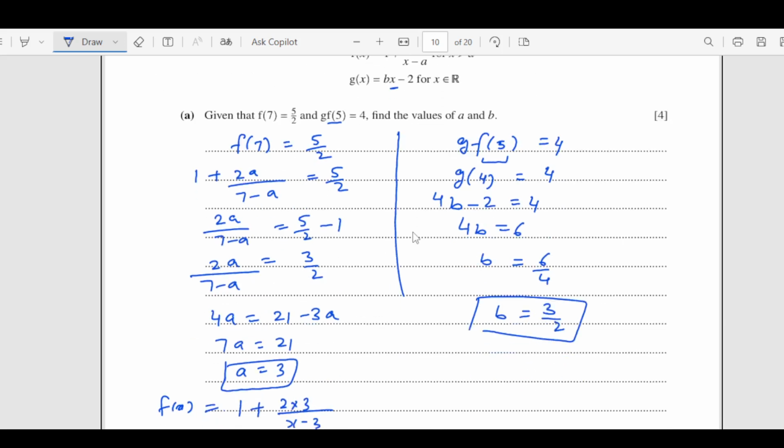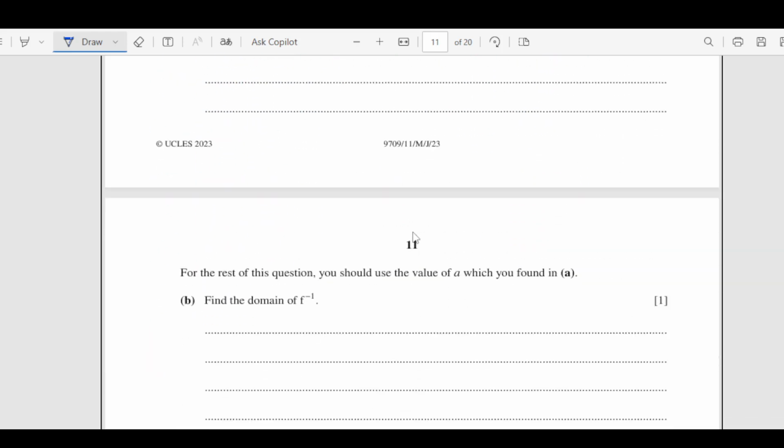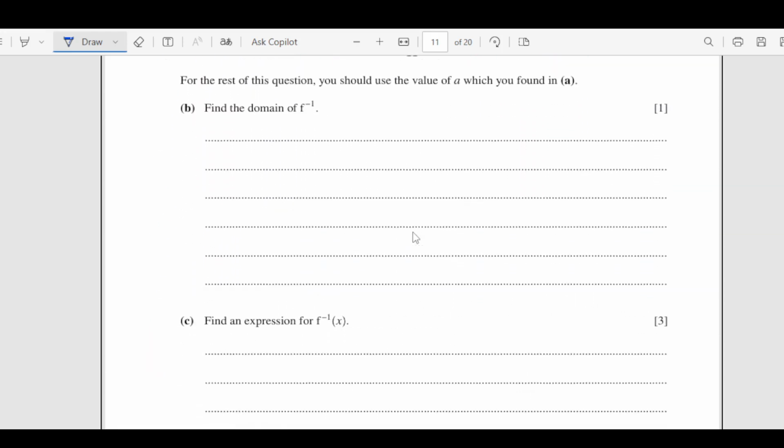Okay, now part b. For the rest of the question, you should use the value of a which you found in part a. So here we have found the value of a as 3, right? So a is 3. Find the domain of f inverse of x. The domain of f inverse x is going to be the range of f(x), right? So for the range of f(x), I will take f(x) here.